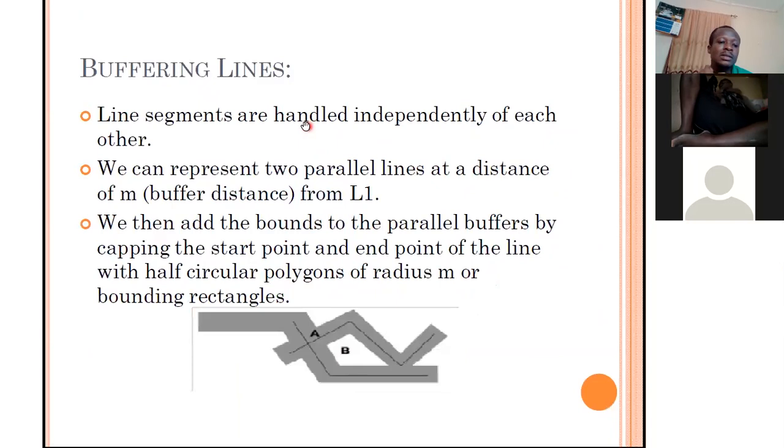For the linear or line buffer, we can always make parallel lines at a certain distance, m, which is the buffer distance. Here the buffer distance is from here to here.